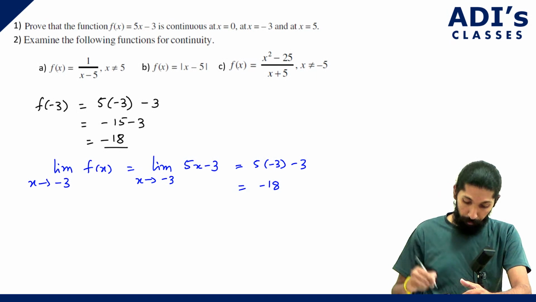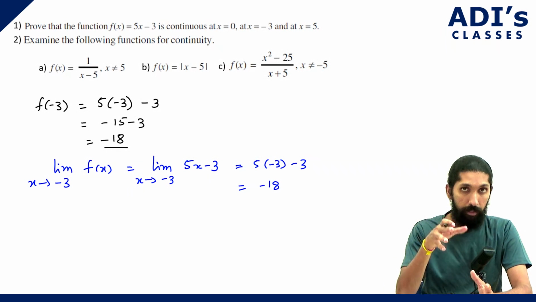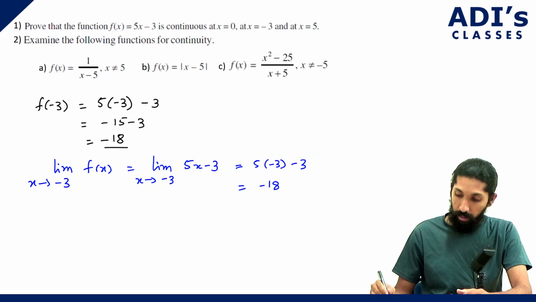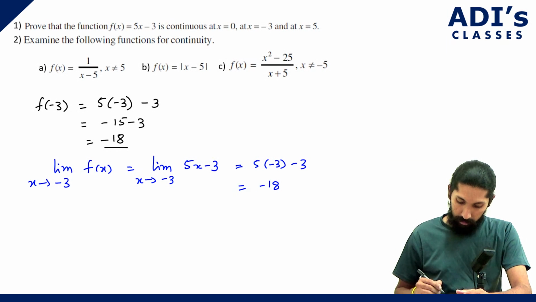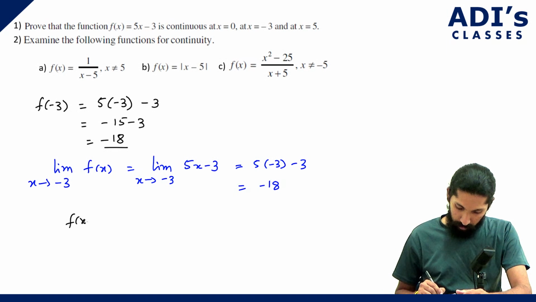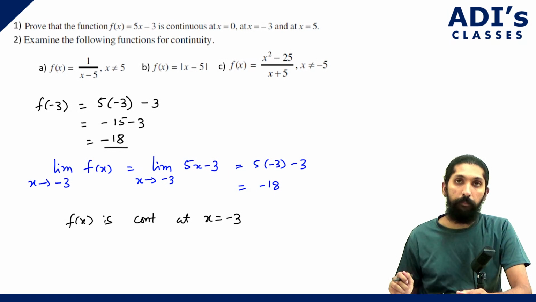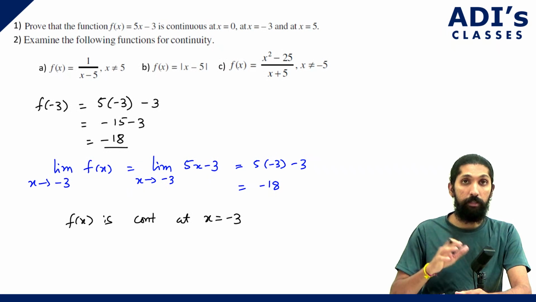So since we proved that limit as x tending to c, f of x is f of c, you can say at the end that f of x is continuous at x is equal to minus 3. This is also done.